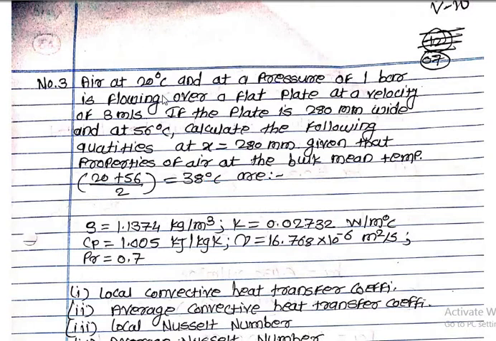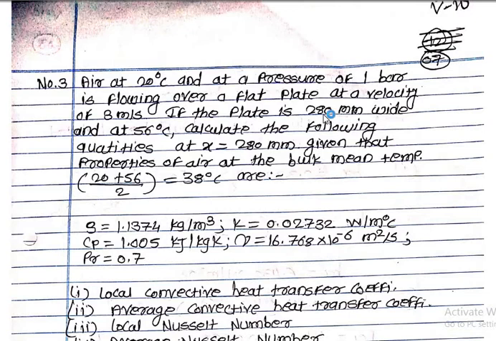Now we have to find out the local convective heat transfer coefficient at a distance x equal to 280 mm. Here the length of the plate is provided as 280 mm. The plate width is also given as 280 mm. So that is nothing but a square plate we have to consider.